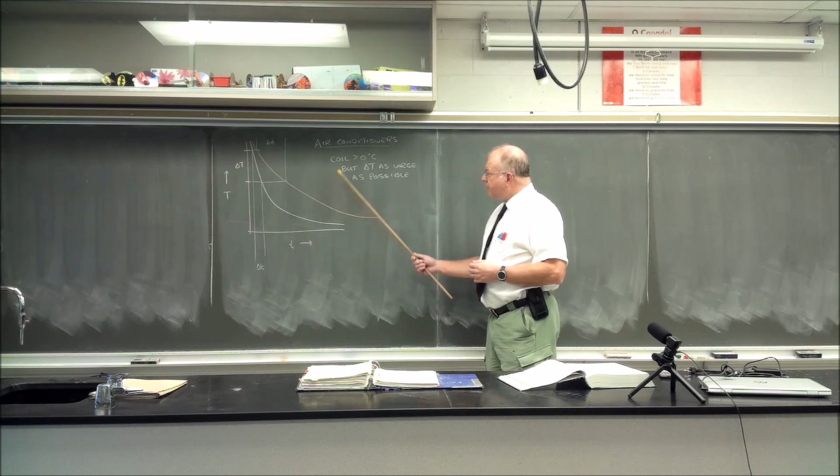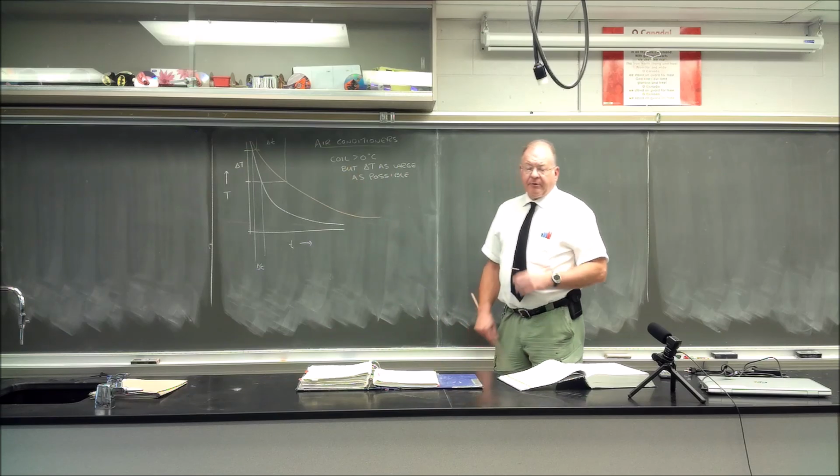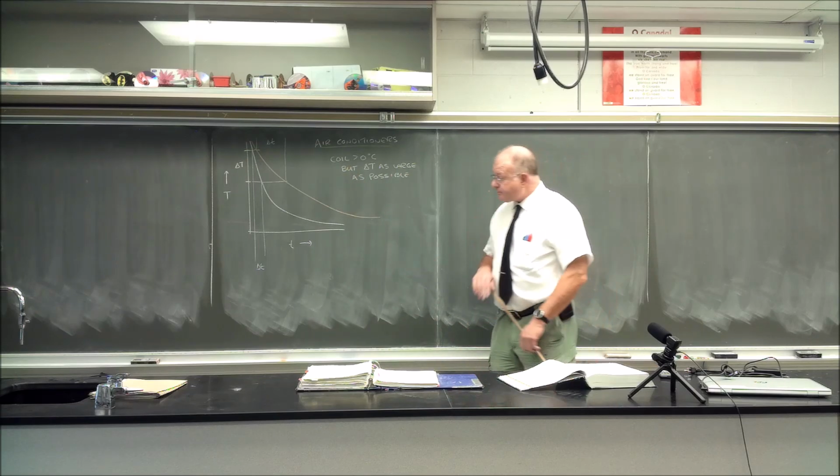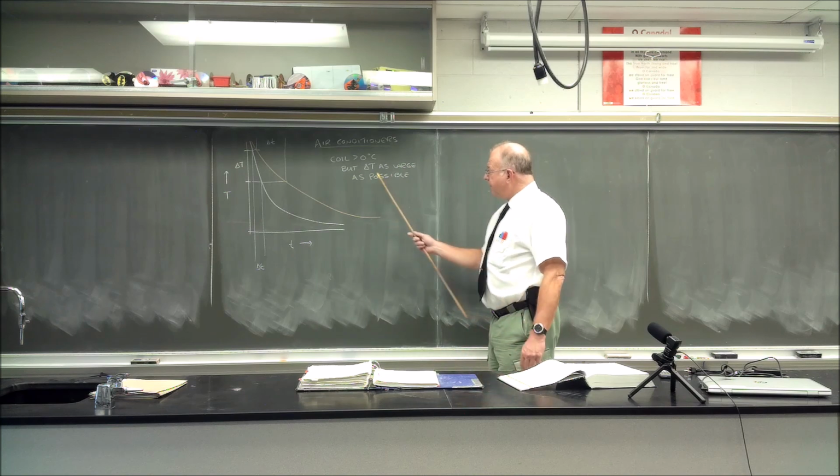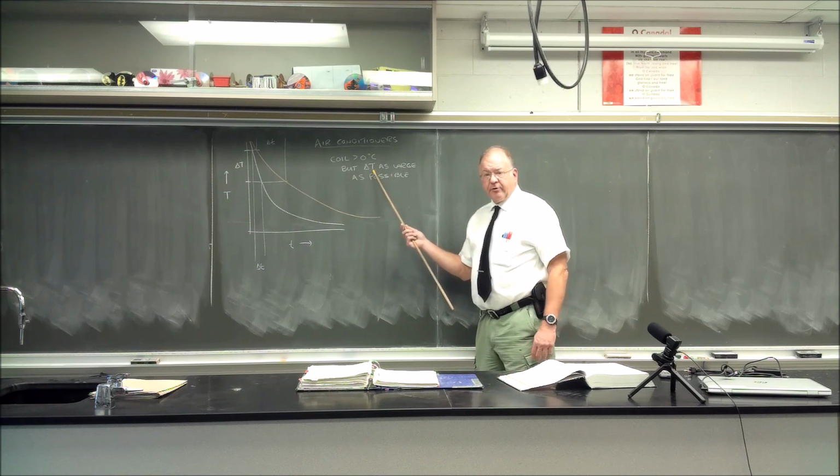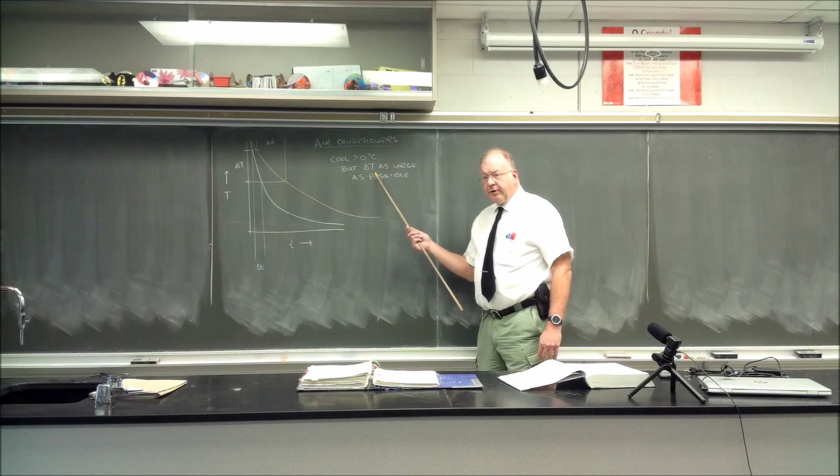So if we start off with just the basic version where we're going to keep that temperature just a little bit above 0. On the other hand, we want the temperature coming out of the air conditioner, or at least of the coil, to be as close to 0 as we can get it within the engineering.